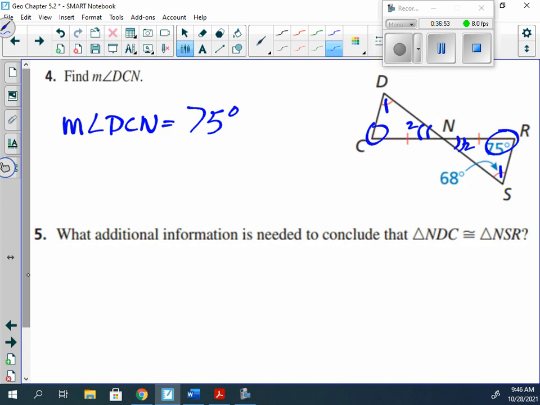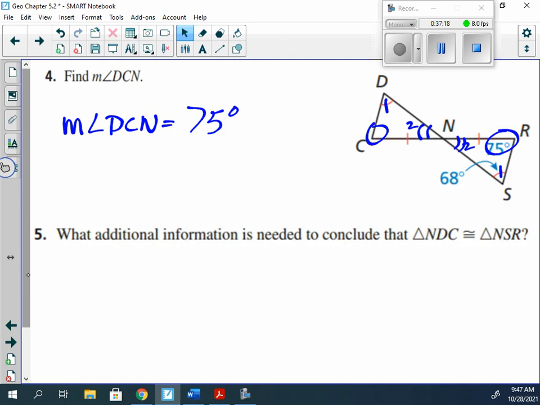Okay. I know that there's one last question on this here, and we're going to finish this out with it. What additional information is needed to conclude that the two triangles are congruent? Do we have all the angles covered? Well, yes. Because of the third angle theorem, and they told us that 1 and 2, we have those, we can say that those three angles are congruent.